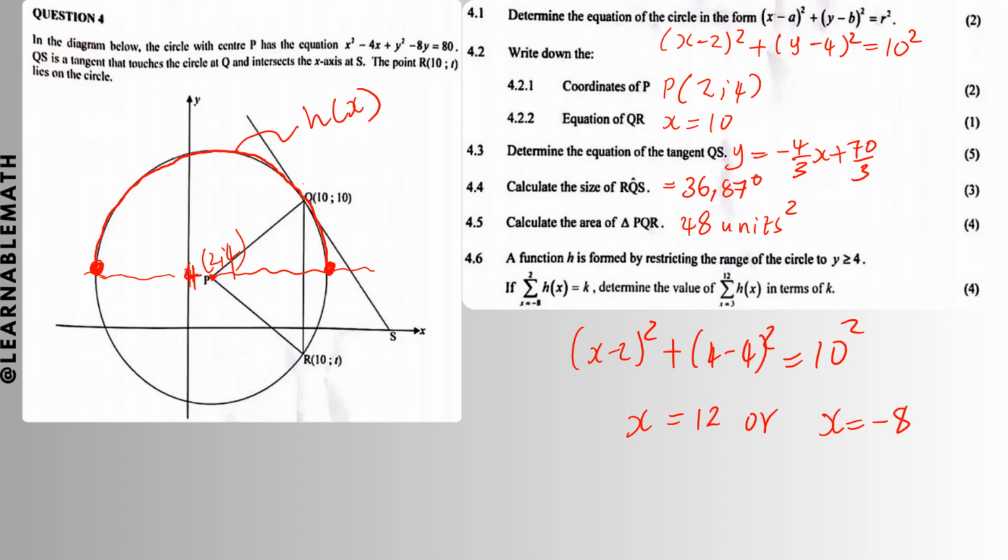So we can deduce that this side is negative 8, and this side is 12. If you can visualize it like that, it is quite easier to solve this question now.